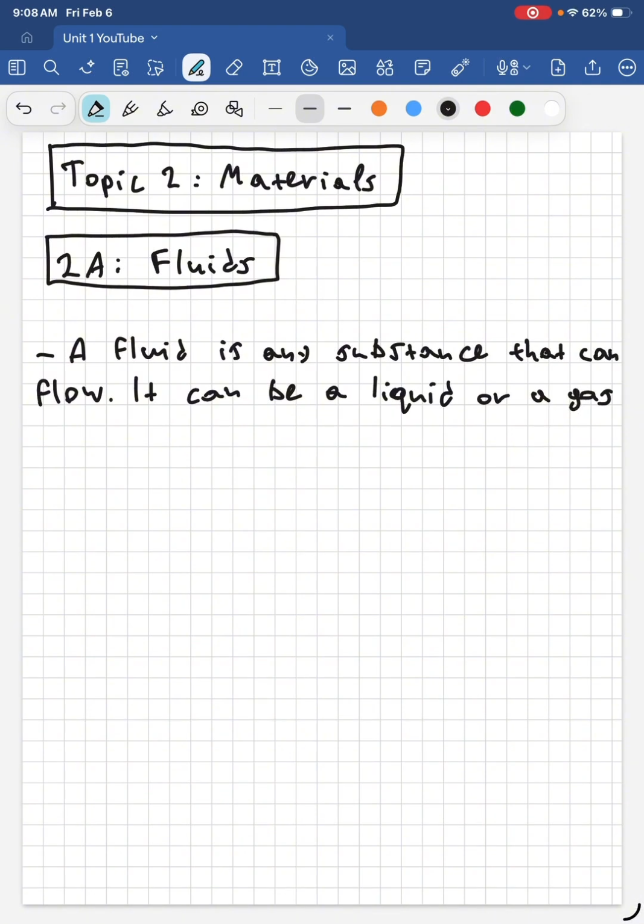And despite the definition working only for liquids and gases, there are other materials that behave like fluids, like sand. So I'm going to write it in parentheses. So sand also behaves like a fluid.